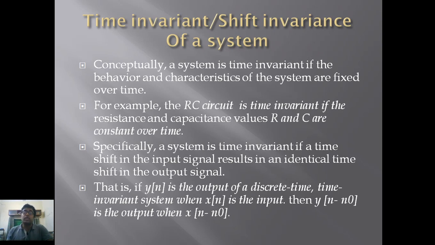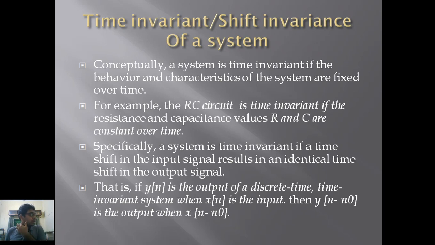It means if the input signal goes through a time shift of n0, which could be any value, the output of that system will also go through the same time shift.